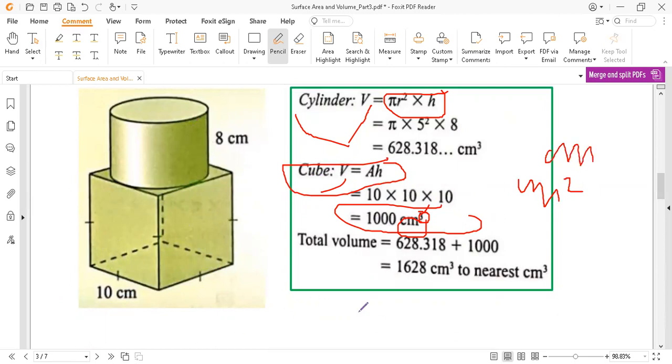So when the composite solid is this cube and this cylinder, we add the resulting volumes. So we will obtain 1628 centimeters cubed to the nearest unit, without any decimal places after approximation.